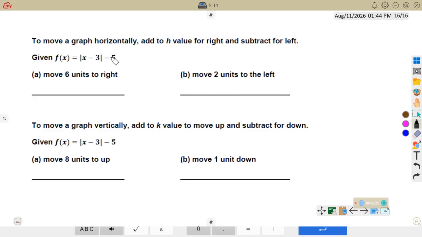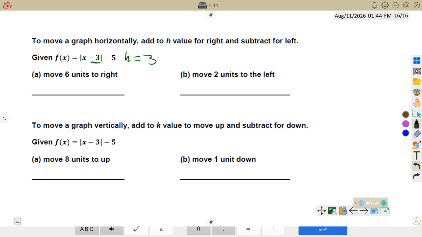So it says if we're moving horizontally, we have to add to the h value to go right and subtract to go left. Our h value right here is, let's see, the opposite of -3, which is +3.